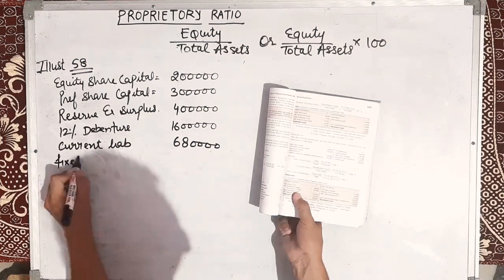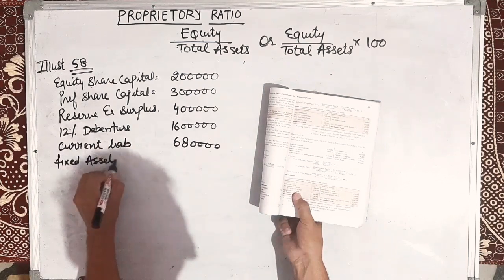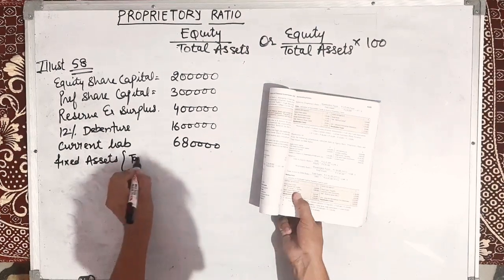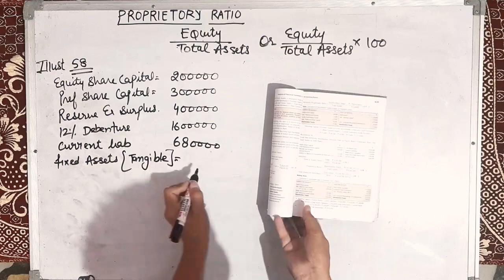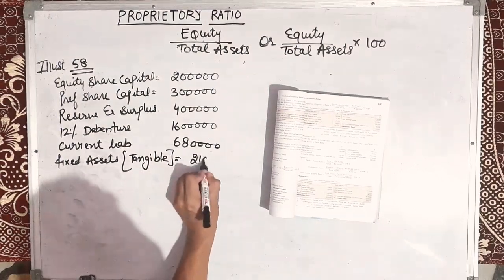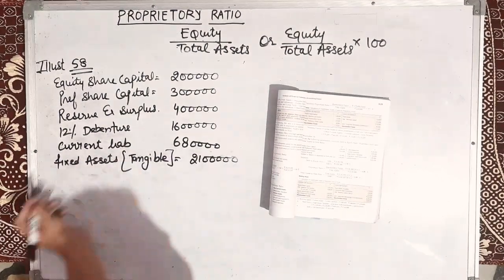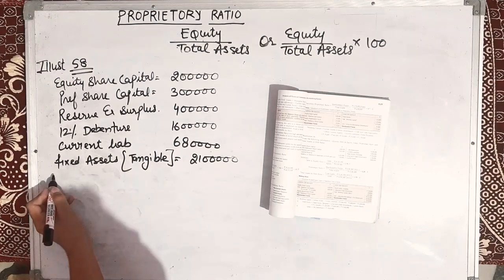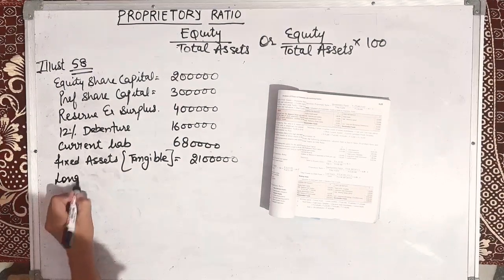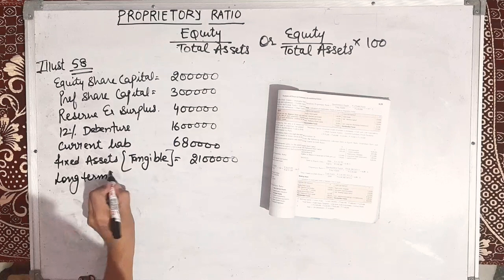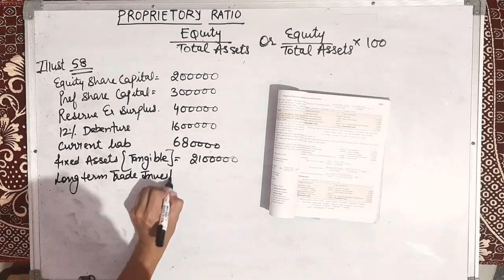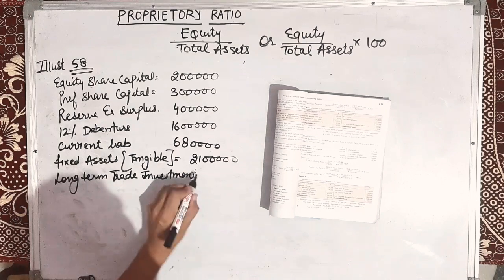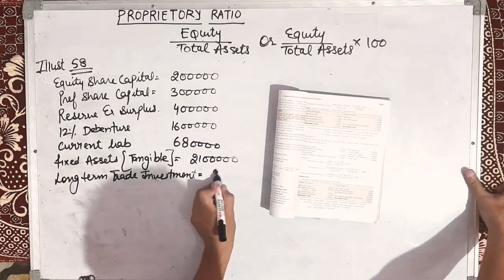Fixed assets, tangible, is equal to 21 lakh. Long term trade investment is equal to 2 lakh.